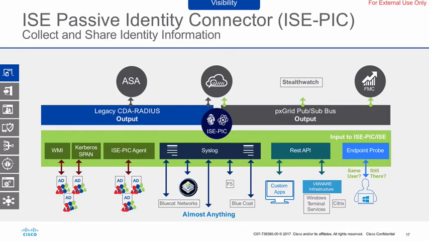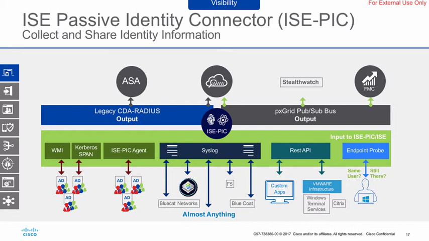There we go. Okay. Something new that we introduced in ICE 2.2 is called the ICE Passive Identity Connector, or ICE PIC. Okay. ICE PIC is essentially, how do I explain it? It's a subset of ICE features. ICE PIC is ICE, but it is a subset of those features. With ICE PIC, we give you the ability to passively learn about identity without having to be in the middle.